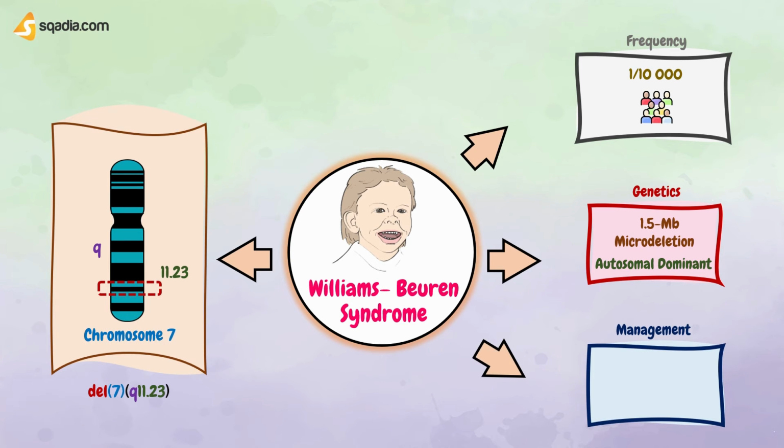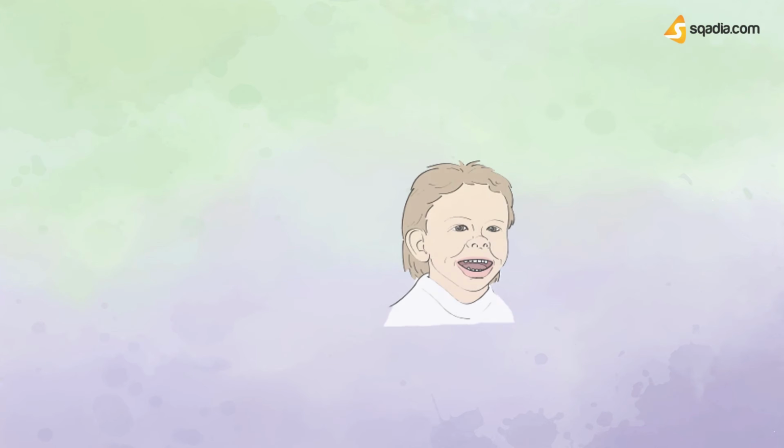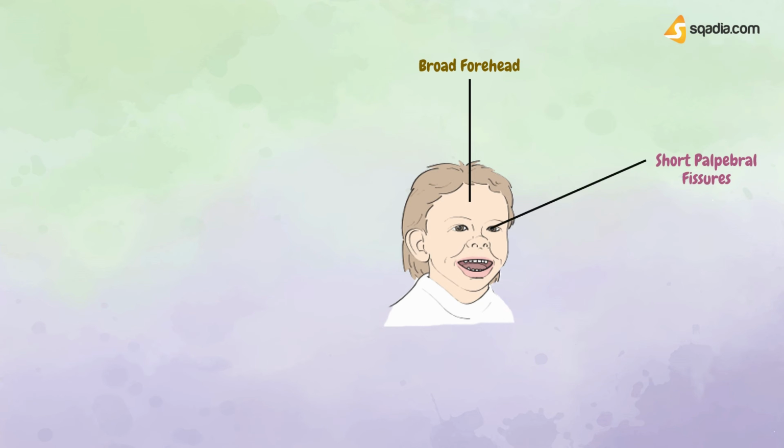Management of Williams-Beuren syndrome is dietetic advice, energetic play. Intellectual disability prevents independency. Now, let's discuss features of Williams-Beuren syndrome. Broad forehead, short palpebral fissures.